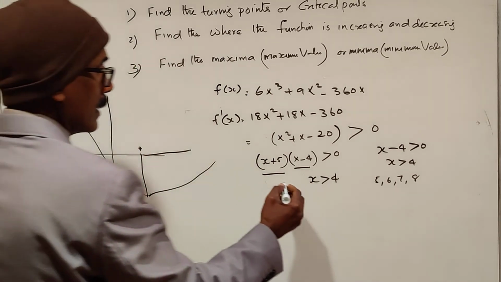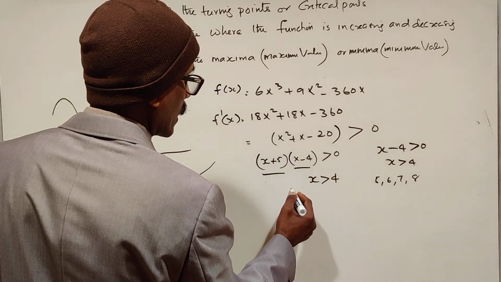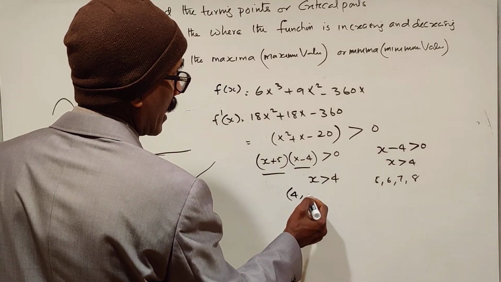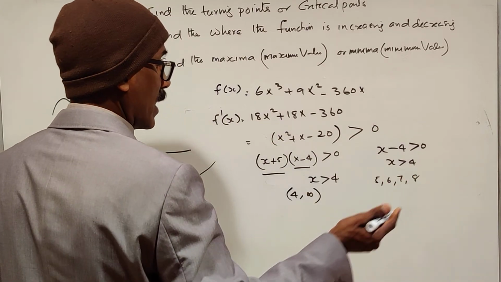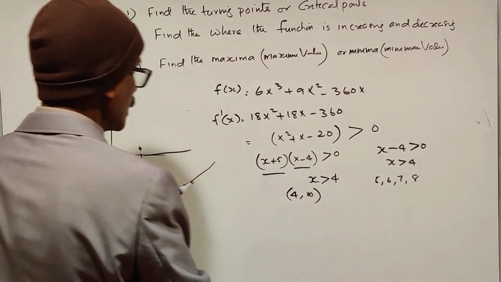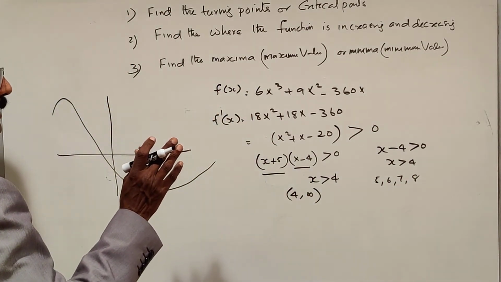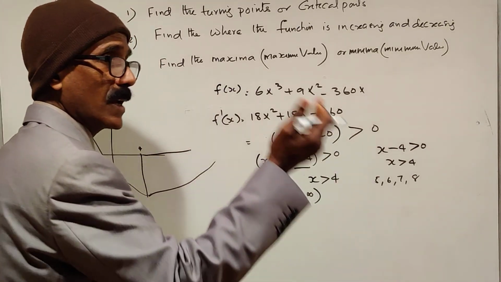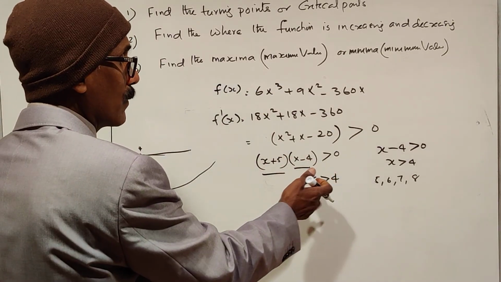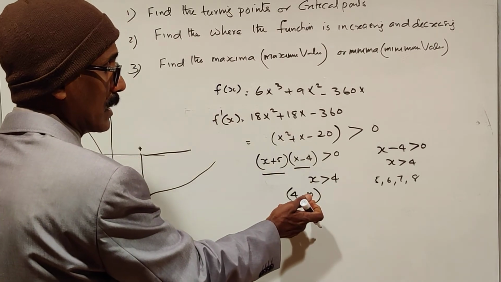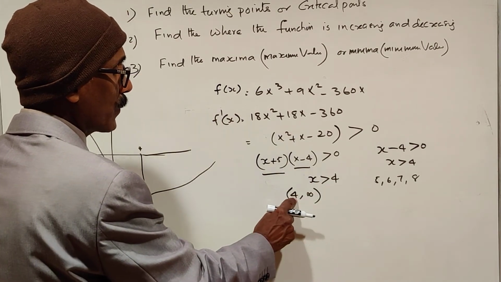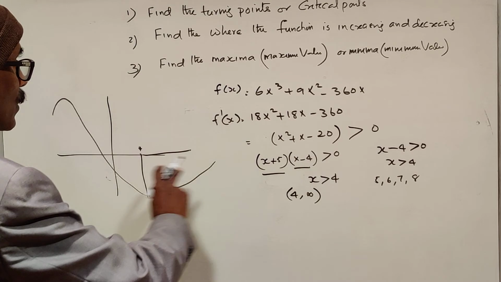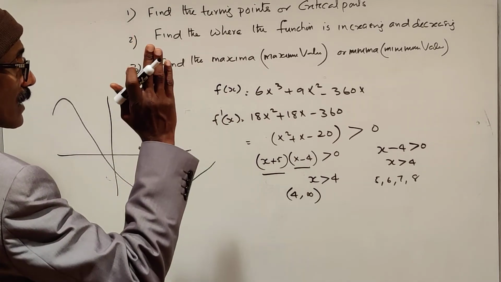So 4 is the minimum value and infinity is the maximum value. So from 4 to infinity, the function is increasing. What is the maximum value? Infinity. What is the minimum value? That is 4. So when x is greater than 4, the function is increasing.